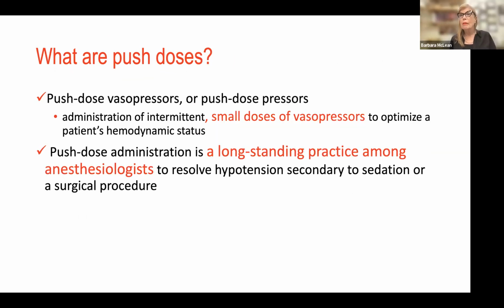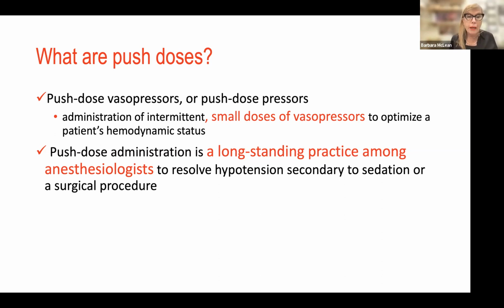Okay, excuse me for my long COVID symptoms of dry throat. Okay, so what are push doses? Push doses are small, intermittent. So you might give 5 or 8 doses of vasopressors to optimize your patient's hemodynamics and to stabilize them until you can resuscitate with fluids and or vasopressors and or inotropes.